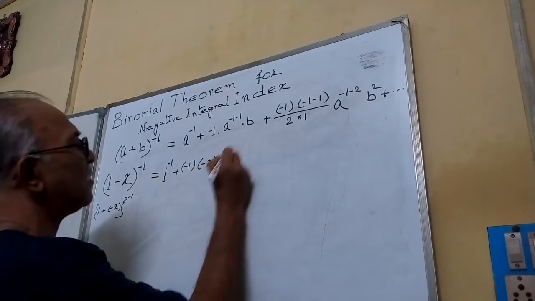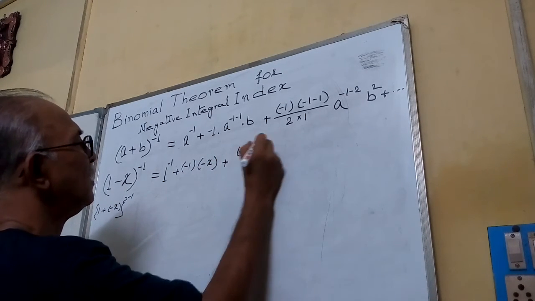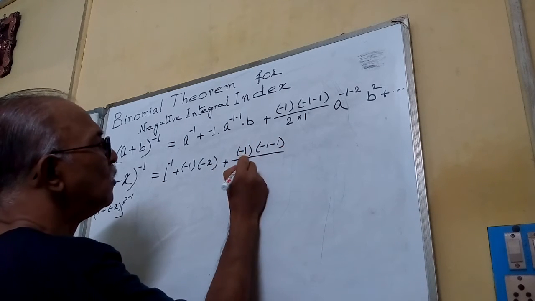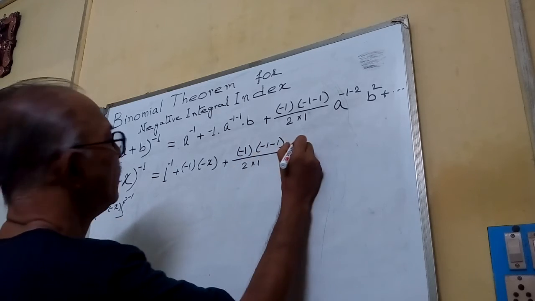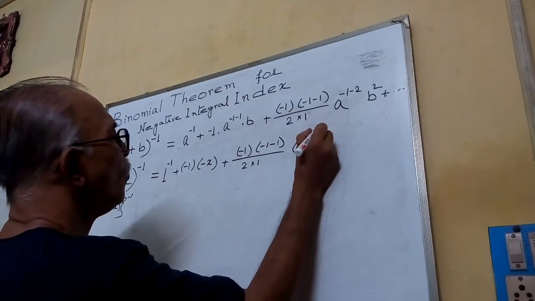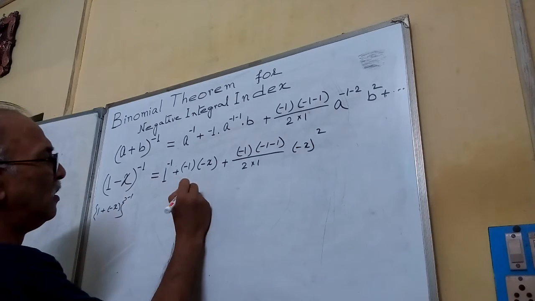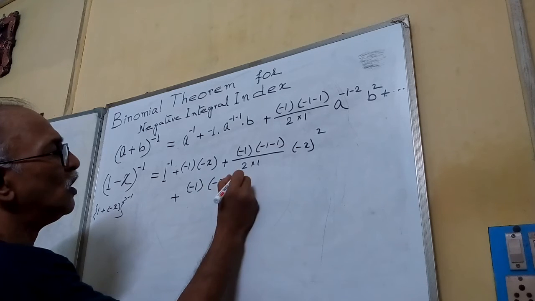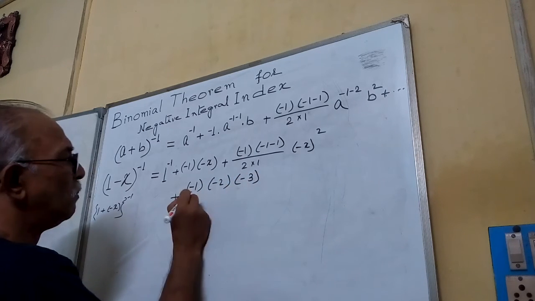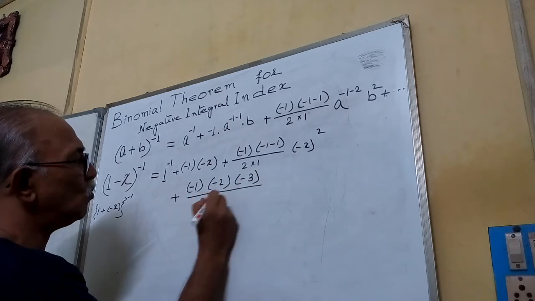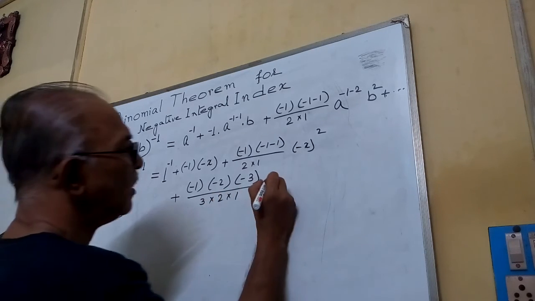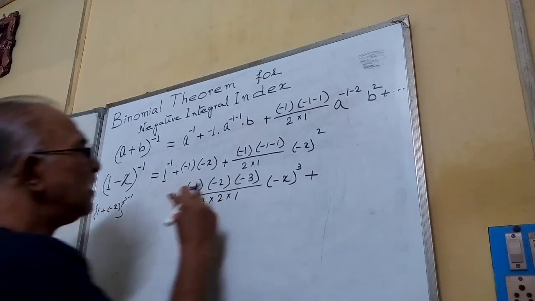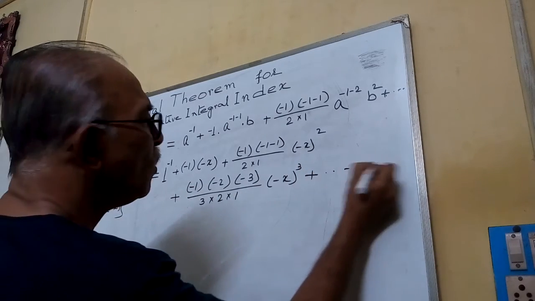Next term will be plus minus 1 into minus 2 by 2 into 1 into minus x whole square plus minus 1 into minus 2 into minus 3 by 3 into 2 into 1 into minus x whole cube plus, in this way it will go on.